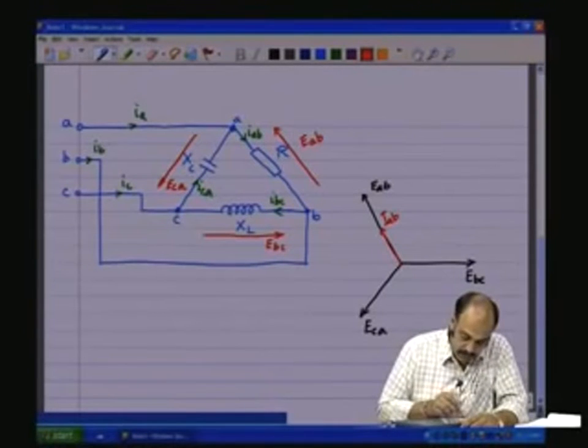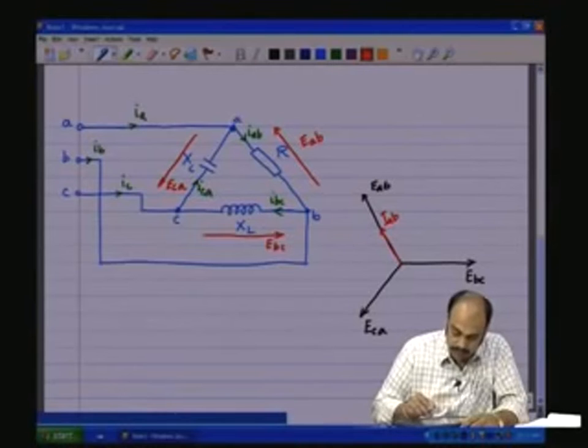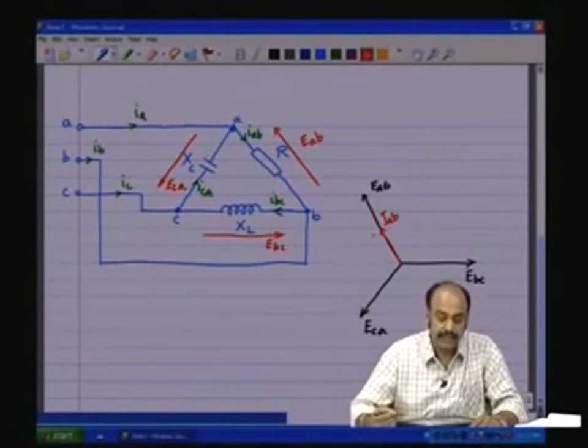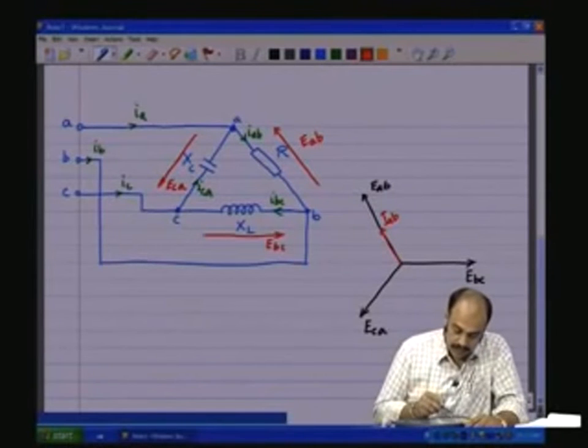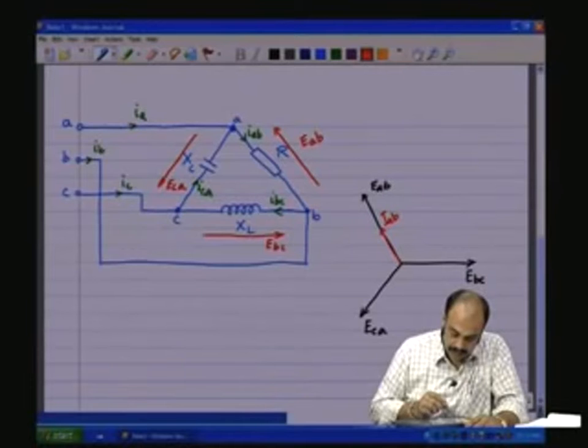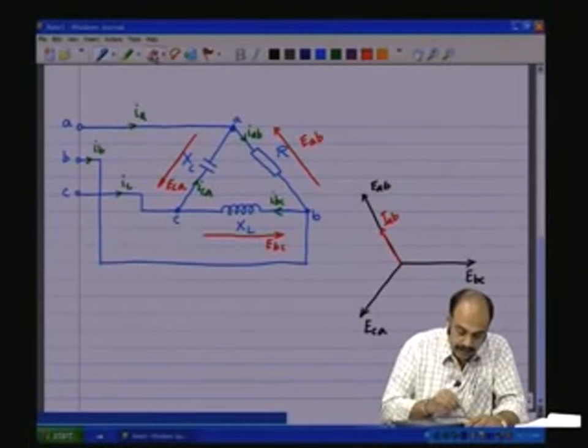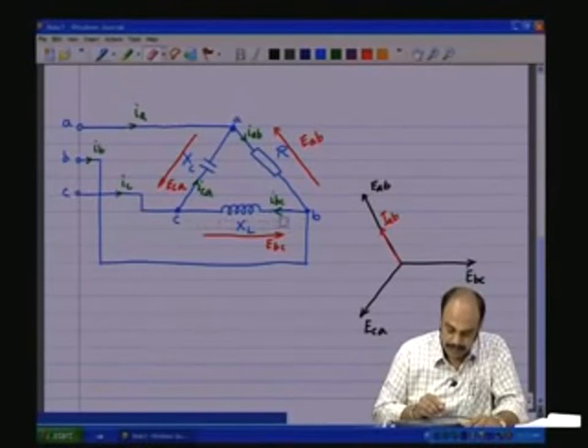What I am showing are the instantaneous values, but what I am going to plot here are the effective values, because it is a phasor diagram. Now, if you take the voltage BC, the load in the BC arm is an inductor, which gives an inductive reactance XL.